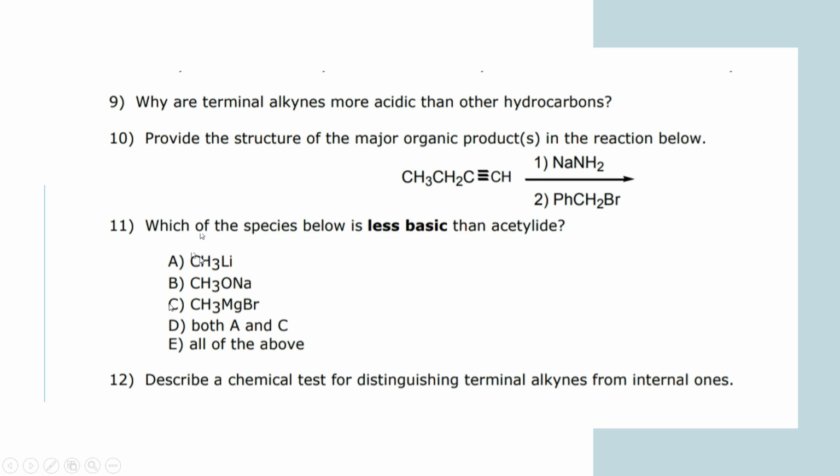When it comes to B, you will see that the negative charge is on oxygen, which is highly electronegative compared to carbon. So the oxygen will not feasibly give up its extra electron pair to react with acid.